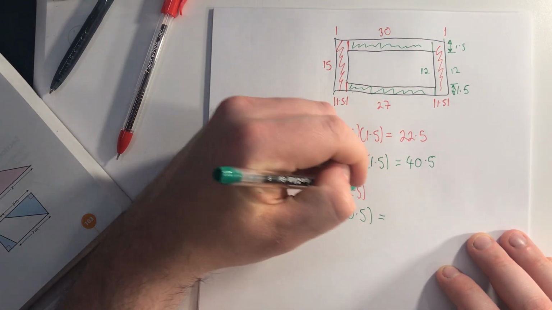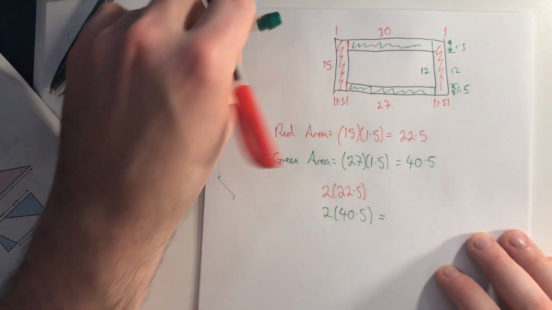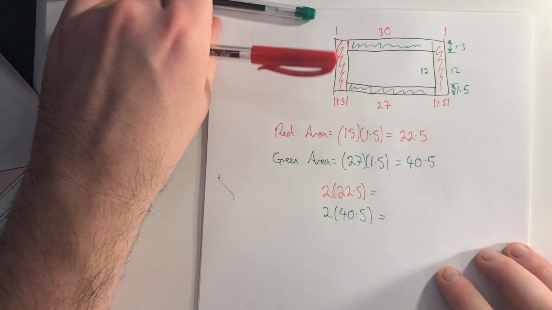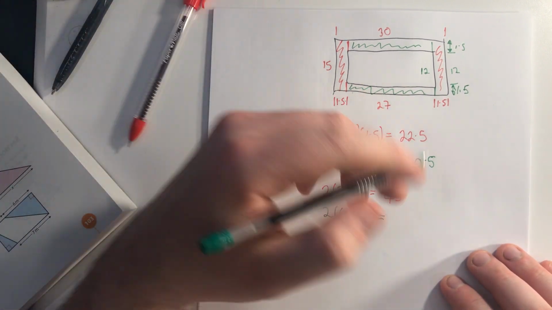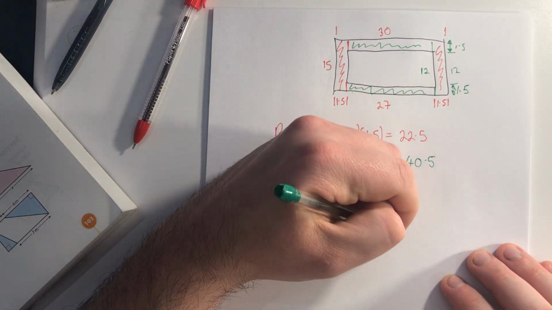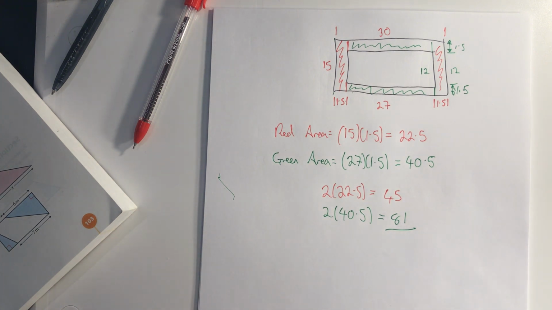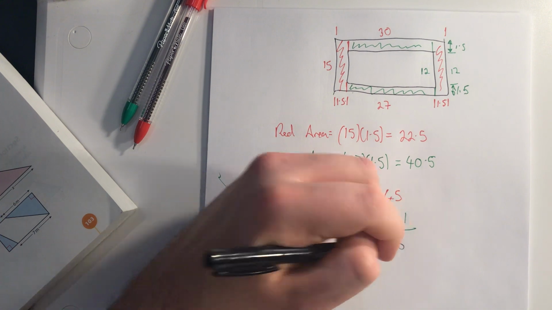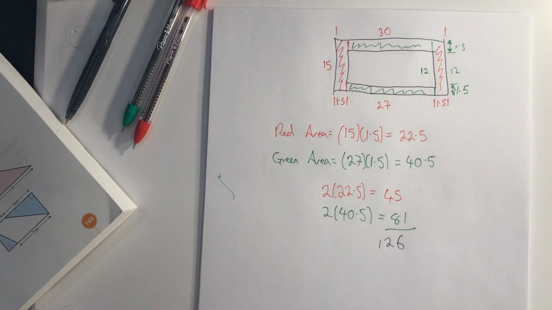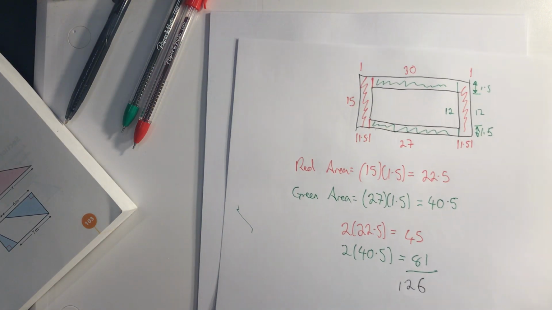So that's going to give me 45 here and 81 here, is it? And when I add those two together, I should get 126, which I think I do. Okay, so that's pretty good.